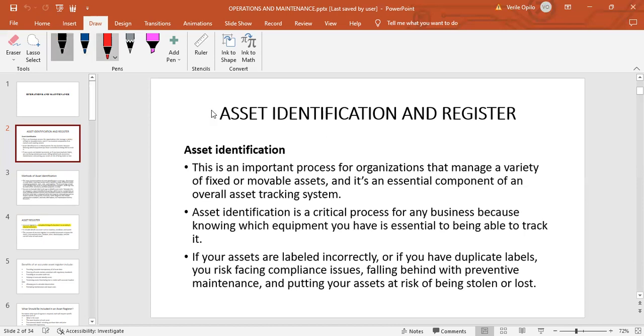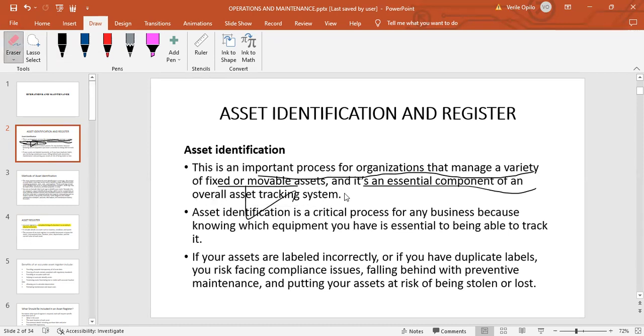Asset identification is a very important process of the organization that manages a variety of fixed or movable assets, and it is an essential component of the overall asset tracking system.